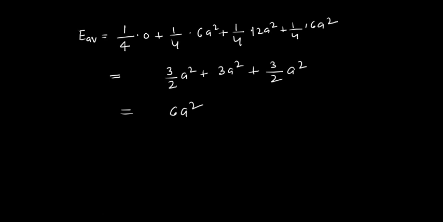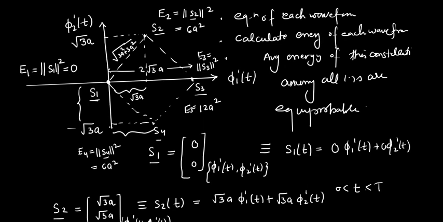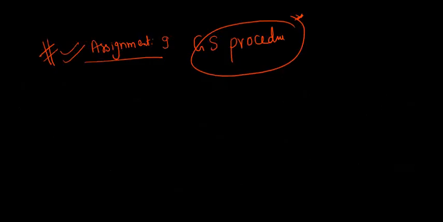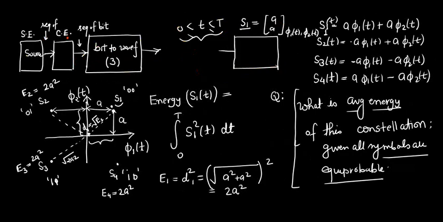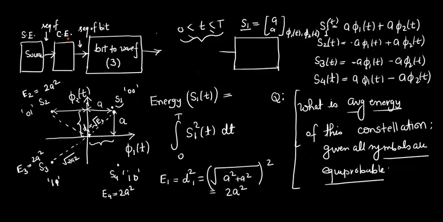So, this is how we evaluate average energy of this constellation. If you know the average energy, you can say what would be the average energy required if you want to transmit this, or what is the average transmit energy? For example, you are having a sequence of bits coming here, 0 0 1 0 0 0.